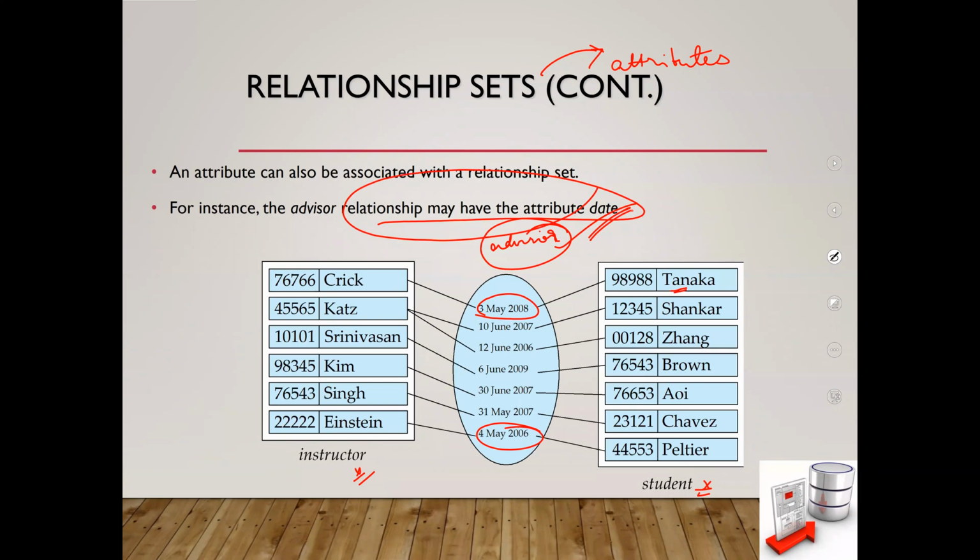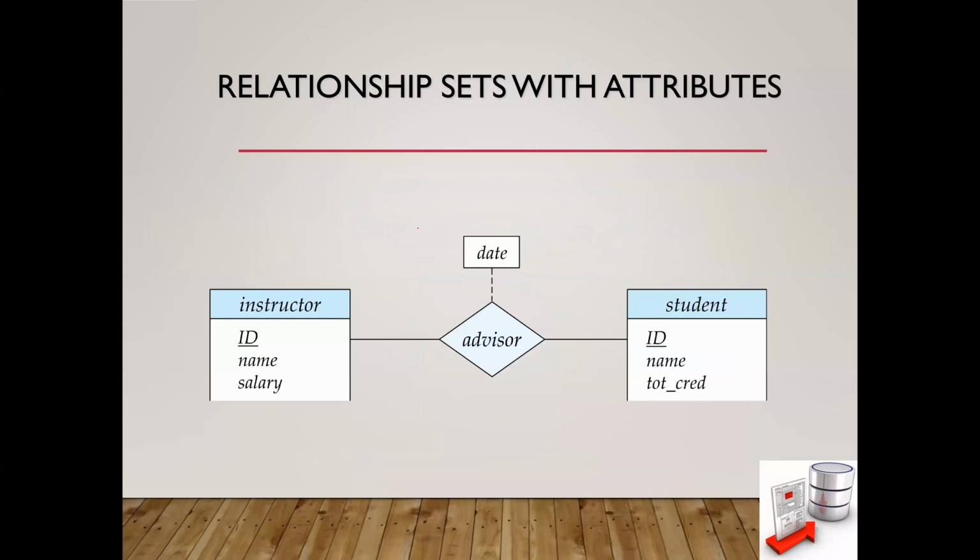It could be anything. So there are cases where relationships can have attributes. Whenever a relationship has an attribute, you will be denoting it with broken lines. Relationships with attributes are denoted with broken lines and a rectangle.